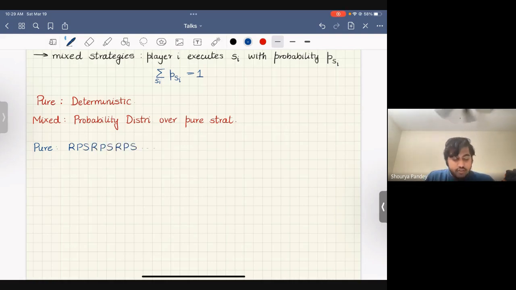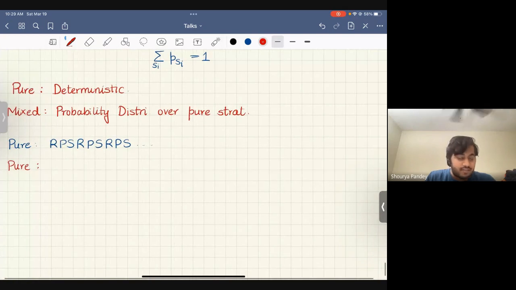But it's not better than any other mixed strategy. In fact, for any pure strategy, there always exists a pure strategy for the second player such that the second player always defeats you, right? Of course, the second player doesn't exactly know what you're doing, but theoretically speaking, this always makes you lose.